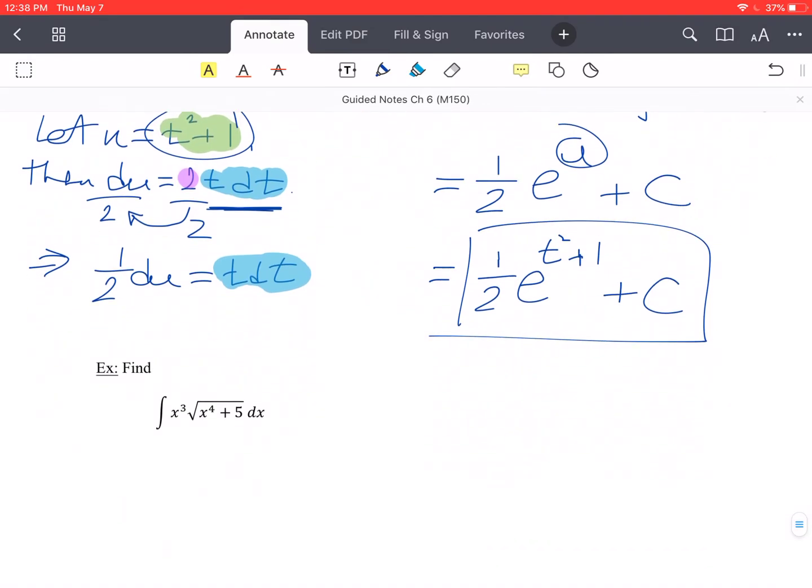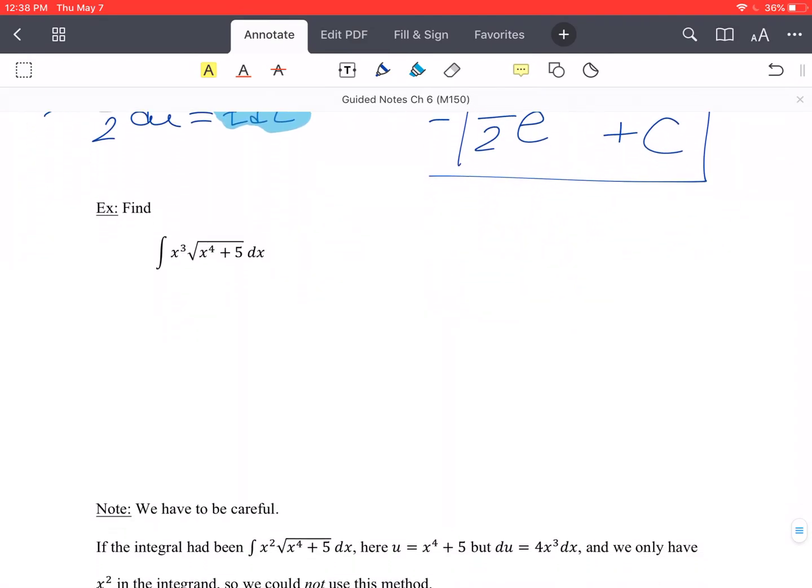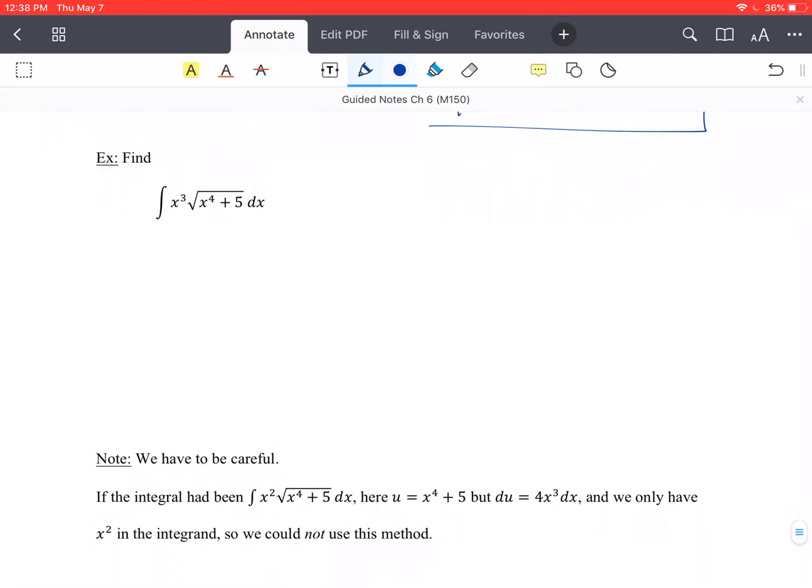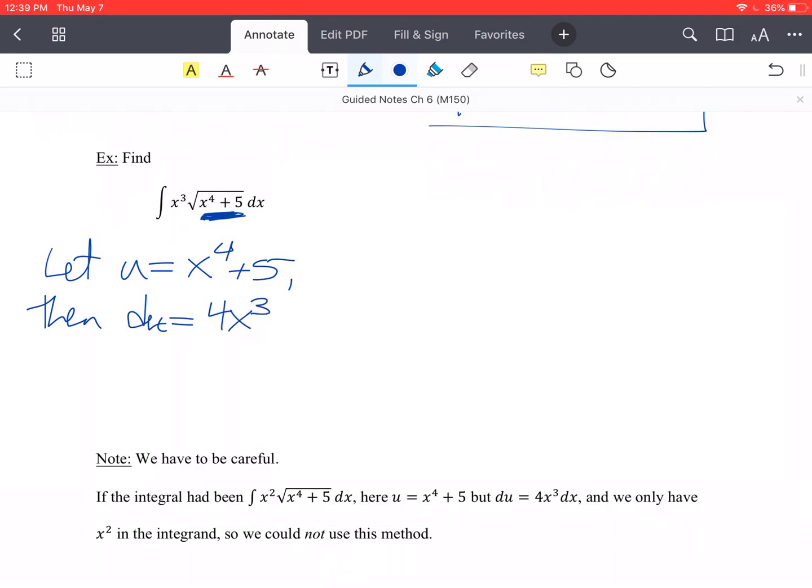Okay, so let's look at one more that utilizes the same kind of thought process. Identifying inside versus outside, this one's inside the square root, so I'm going to pick that, but also notice the derivative of x to the 4th will give me a cube, so that seems like a good choice. So let u equal x to the 4th plus 5, then du equals 4x cubed dx.